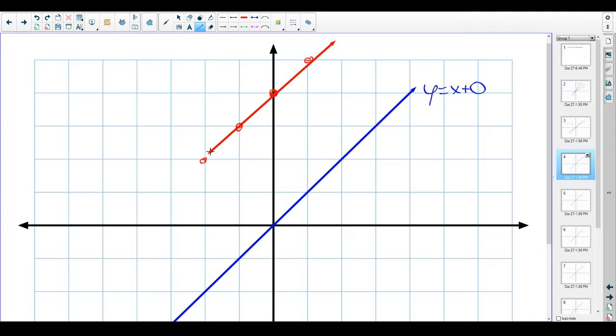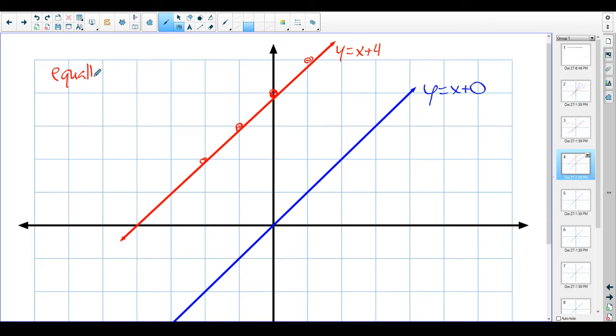Let's draw it out best we can. So if we look, here it is, y equals, now this is x plus 4. So this is equally steep. You never have to write that down, it's just pointing it out.